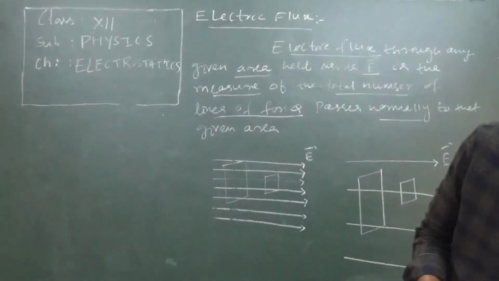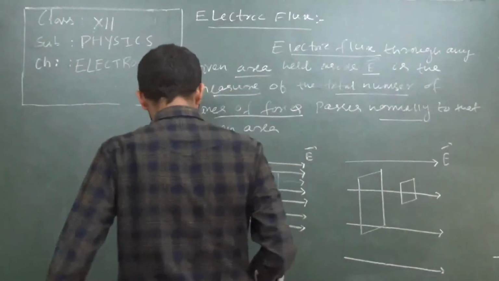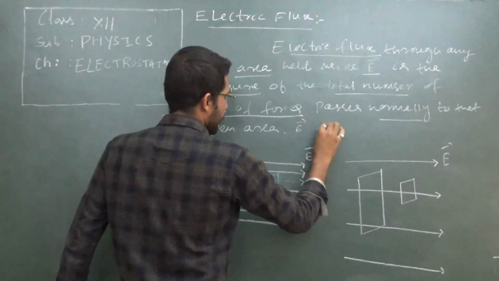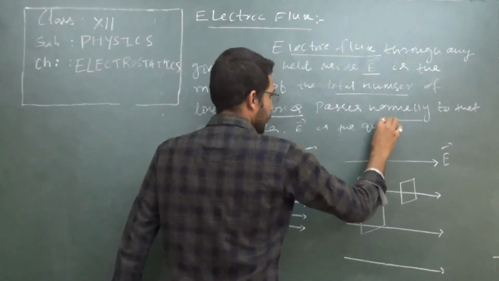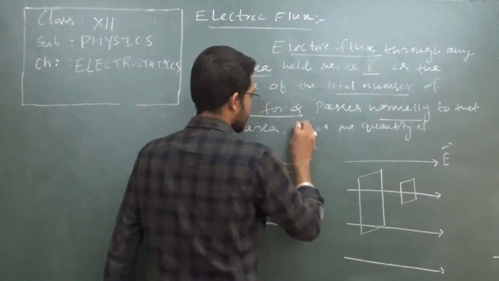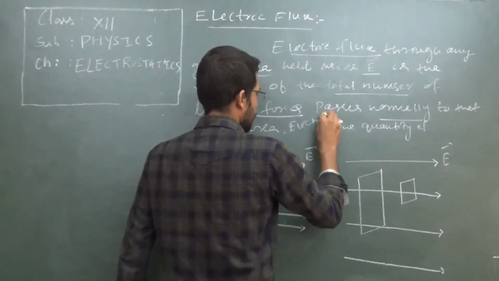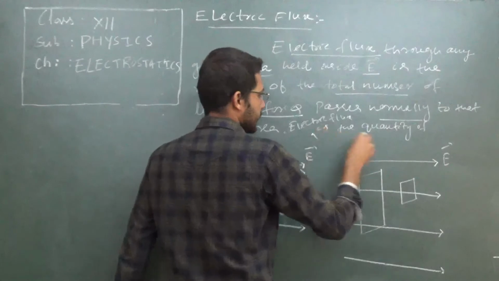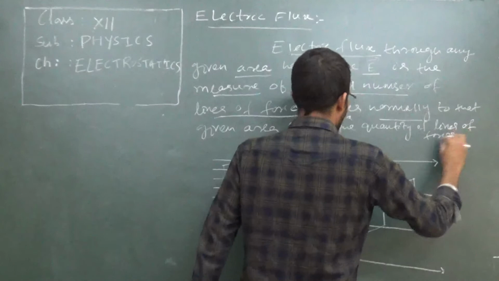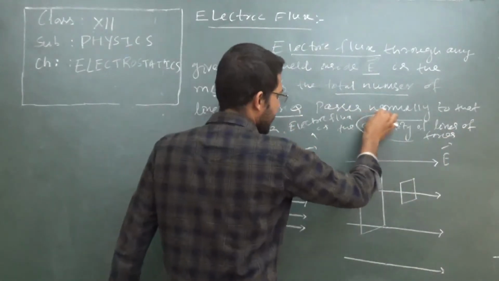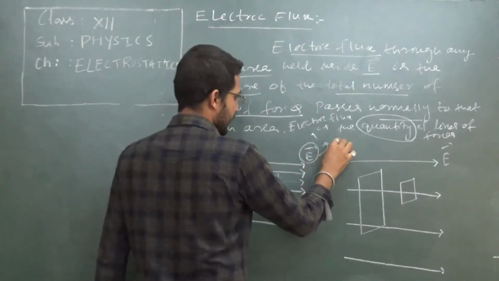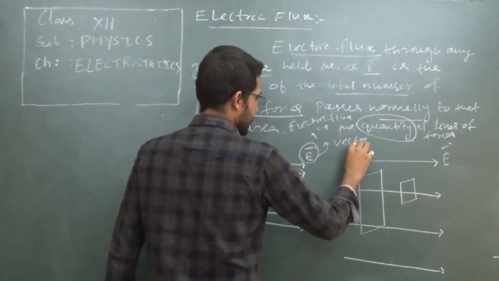So let us consider. Electric field is a vector quantity, whereas electric flux is the quantity of lines of forces.